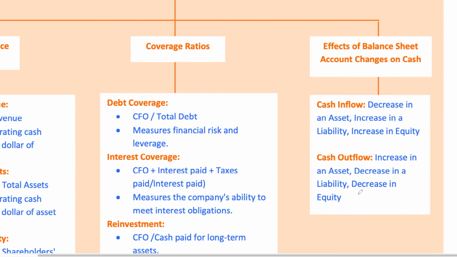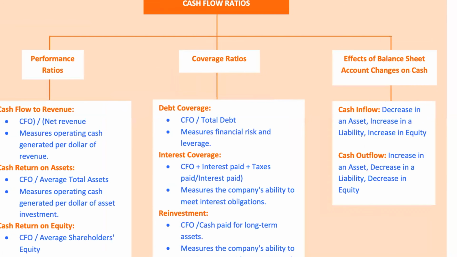In summary, these cash flow ratios are essential tools for assessing a company's financial performance, efficiency, and stability. They give you a clearer picture of how well the company is managing its cash and whether it's in a strong position to meet its obligations and invest in future growth.